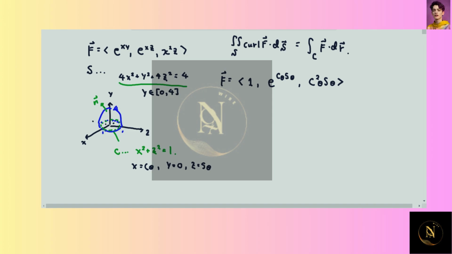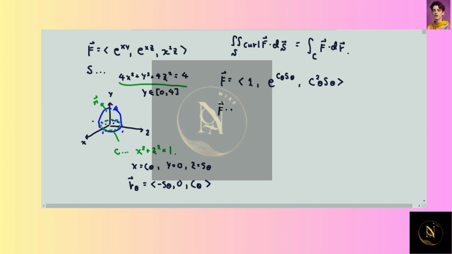Okay, so let's calculate what f dot dr is equal to. To calculate that, we simply need the r prime. So r, the partial derivative with respect to theta, will simply be negative sine theta, comma 0, comma cosine theta.